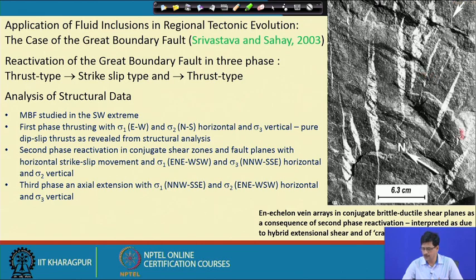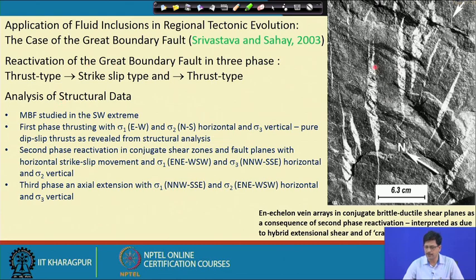Now, this photograph, taken from the authors, shows en echelon vein patterns, vein arrays in conjugate brittle-ductile shear planes as a consequence of the second phase of reactivation, interpreted as due to hybrid extensional shear and of crack seal origin. These are typical features which are essentially produced by the mechanism of the crack seal process. So, these are the ideal sites.